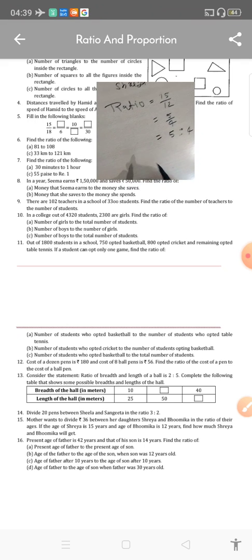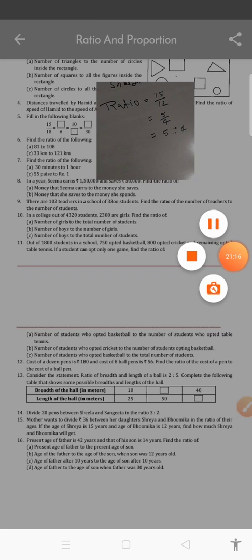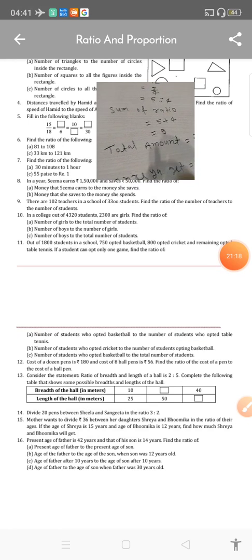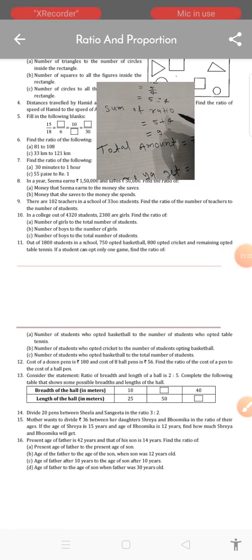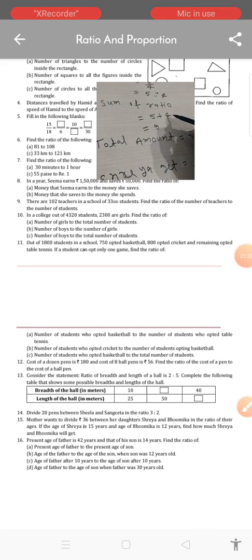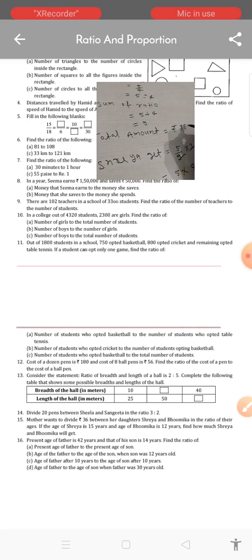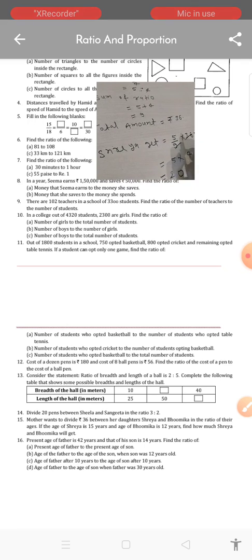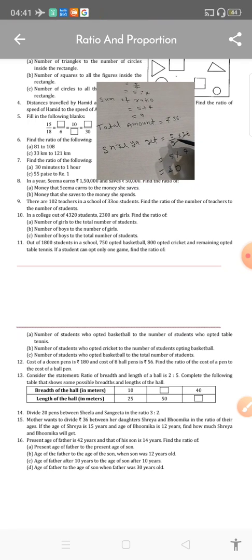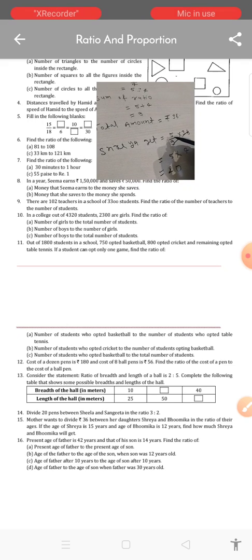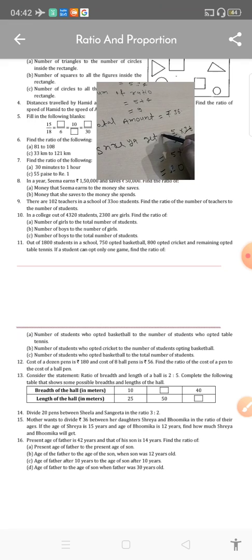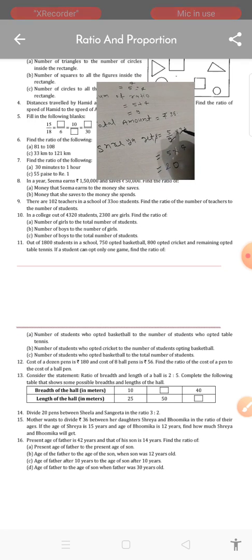So here we find the sum of the ratio. The sum of the ratio is 5 plus 4, this is 9, and the total amount is given as 36 rupees. The amount obtained by Shreya is 5 by 9 into 36.